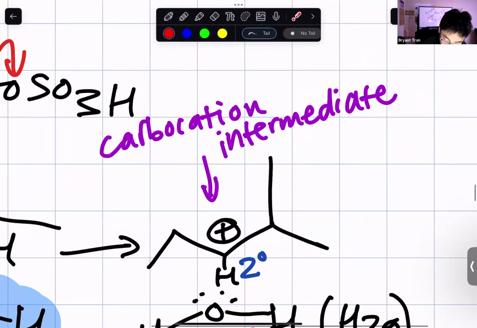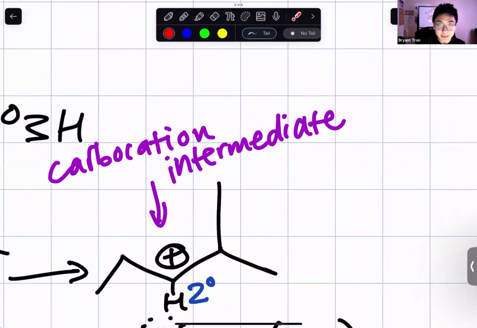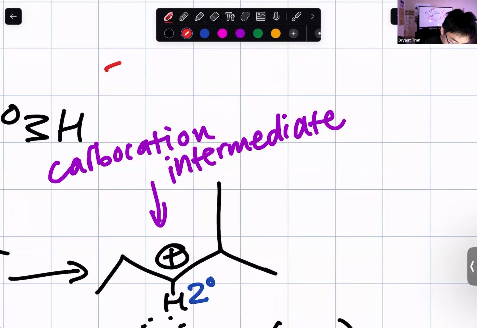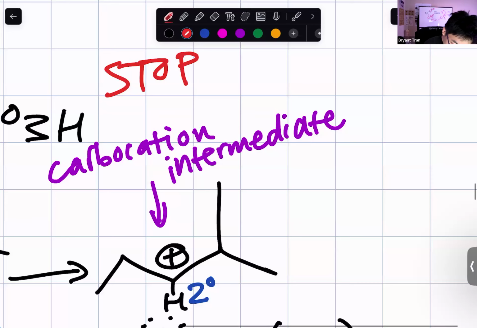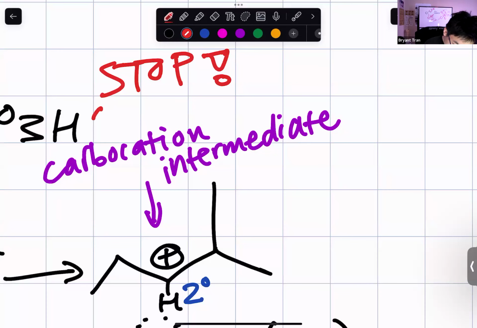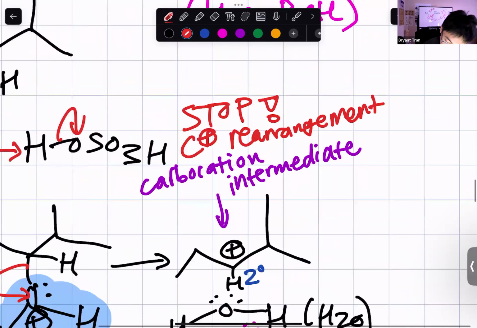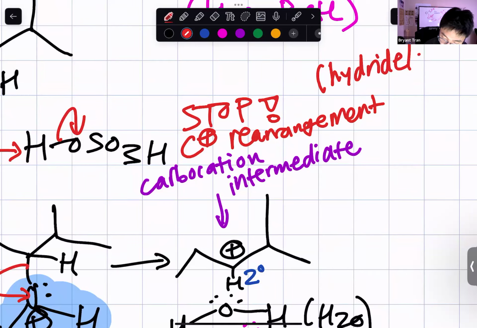Then whenever you do any kind of reaction and you form some kind of carbocation intermediate in any kind of mechanism, you stop and look out for carbocation rearrangement, which is going to be like a hydride shift or a methyl shift. Hydride or let's say alkyl shift. Right?